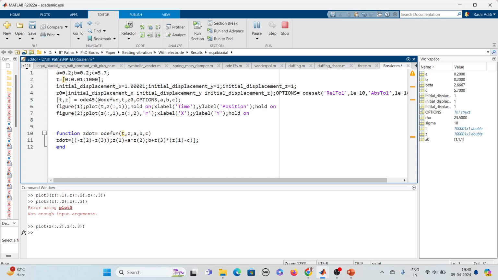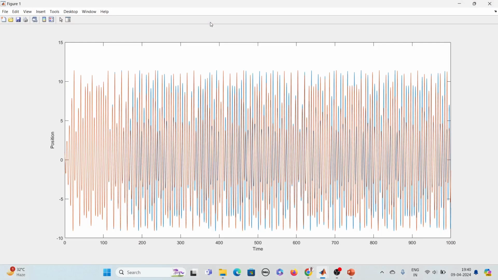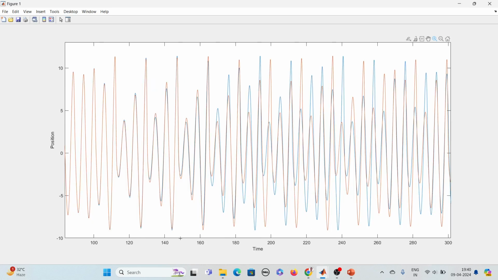Again, run the code. See the time response. Can you see it?